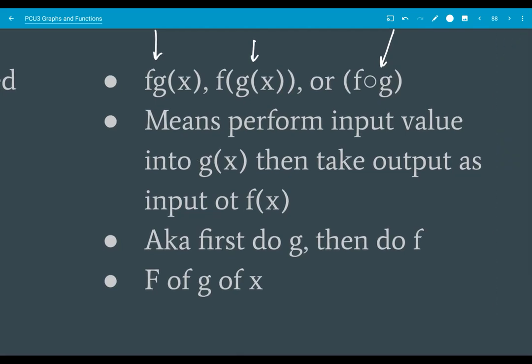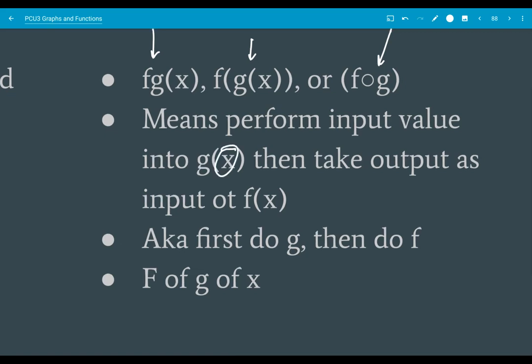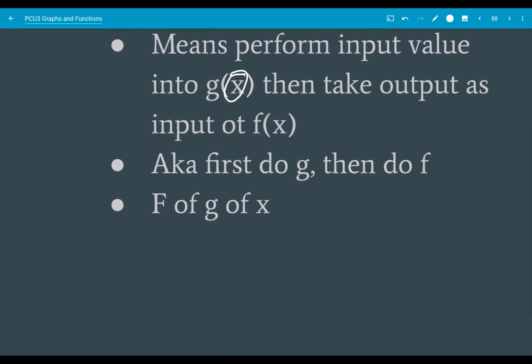All three of these, f of g of x, mean that the input into g of x is x. You're going to take that output, and that is now the input into f of x. So what that means is you first do g, then do f.